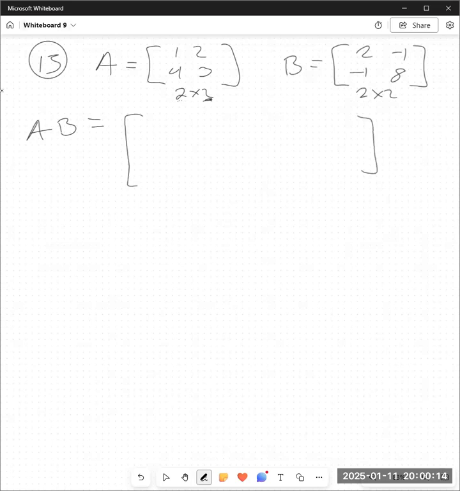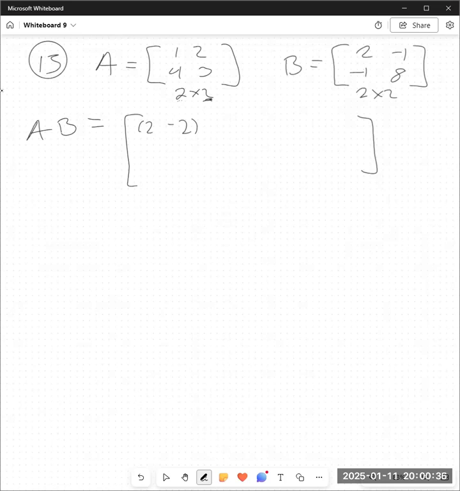So I'm going to first row, first column here, multiply. So 1 times 2 is 2 plus 2 times -1 is -2. First row, second column to make row 1, column 2.